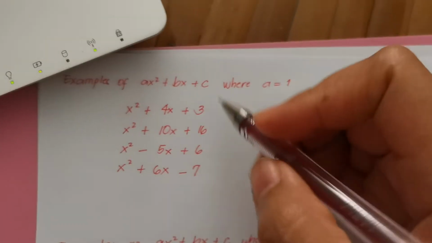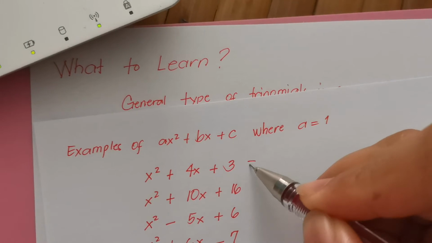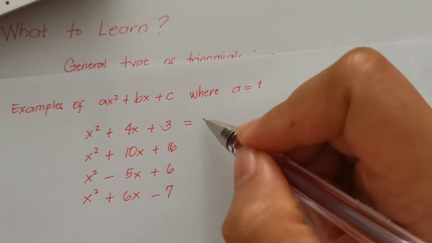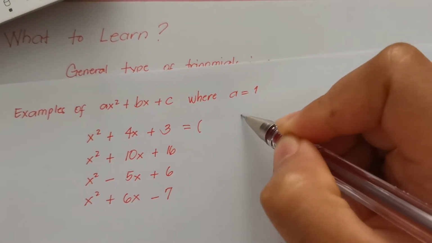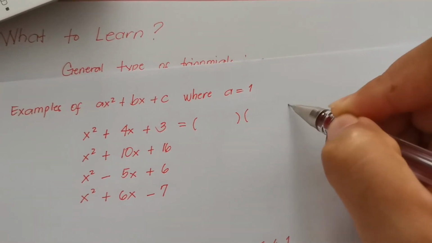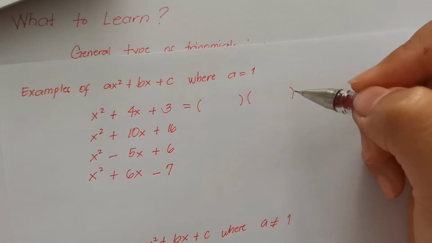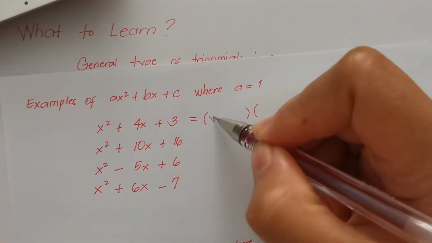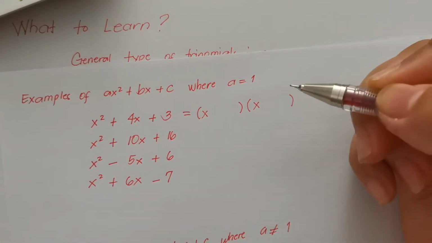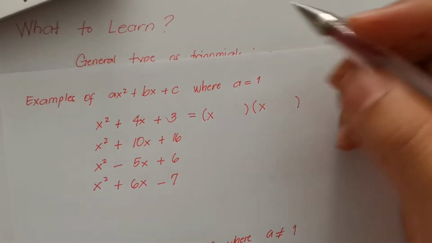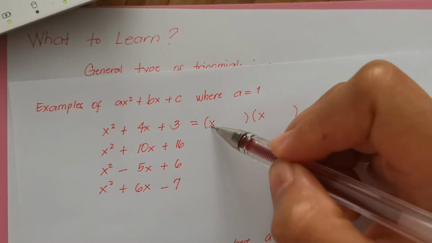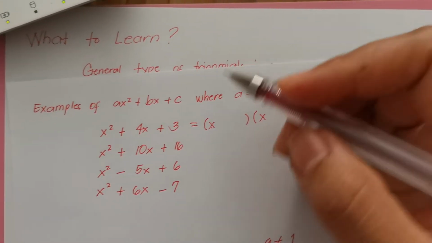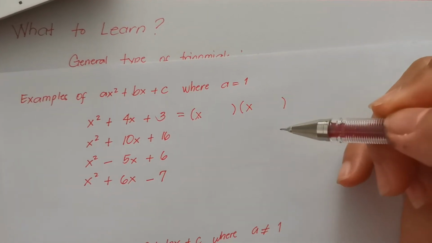So for example, this one, let's factor x squared plus 4x plus 3. Set two quantities, or two sets of parentheses. Then factor the first term, x and x. Why x and x? Again, go back to multiplication. x times x is equal to x squared. That's the reason why we have here x times x.